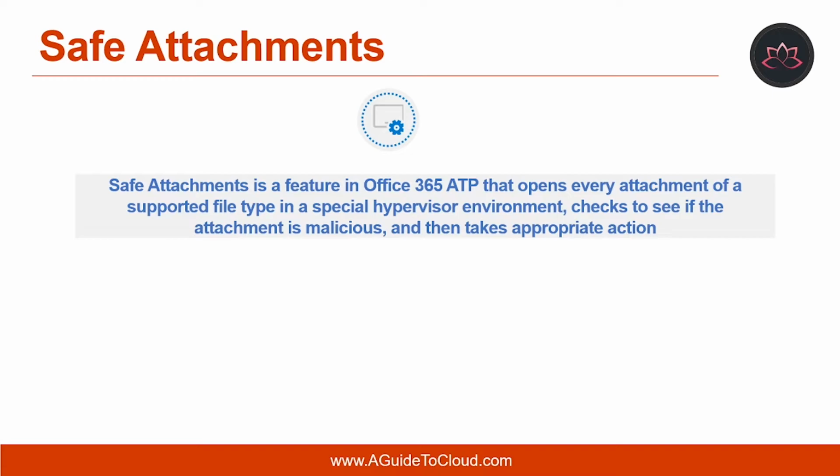It is designed to protect organizations by detecting malicious attachments even before antivirus signatures are made available. Safe attachments analyzes attachments that are common targets for malicious content, such as different versions of Office files such as Word, PowerPoint, Excel, PDF, executable file types, and Flash files.